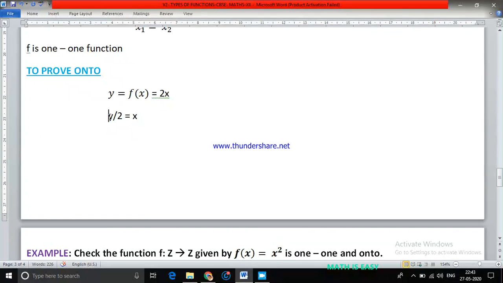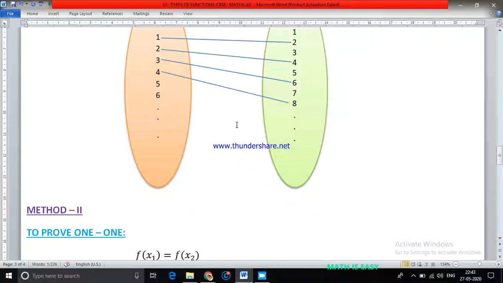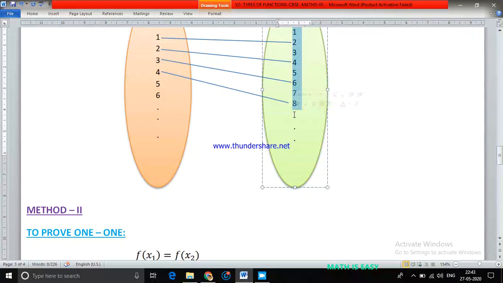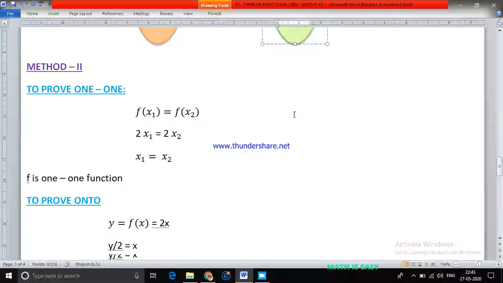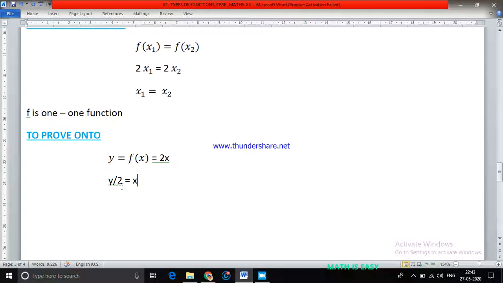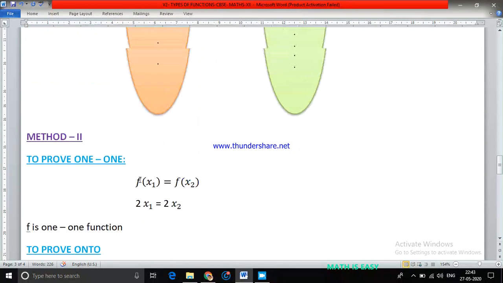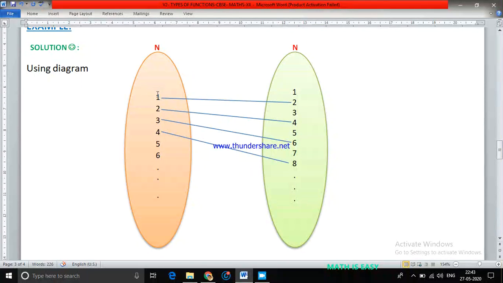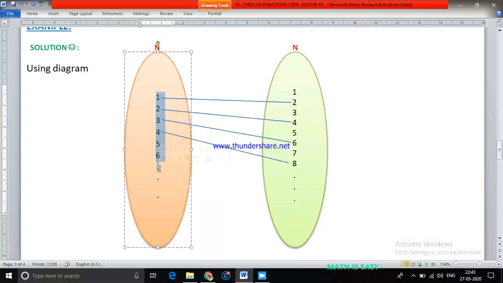So if I take different values of y, where do you take the values of y from? From the second set here. If I take different values of y and substitute, then I'll get different values of x. So where does the x value come from? The x value comes from the first set.